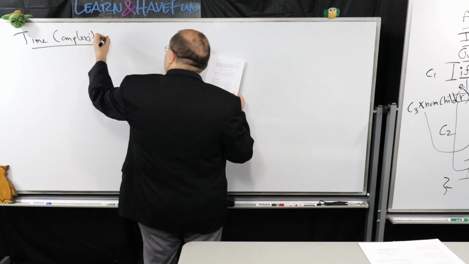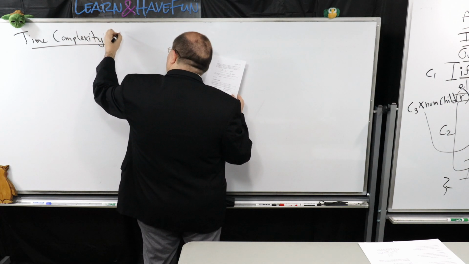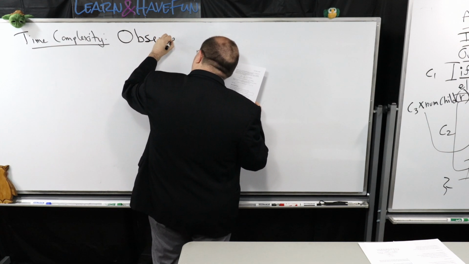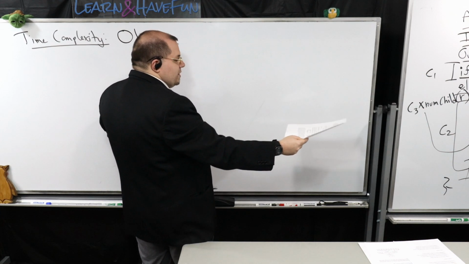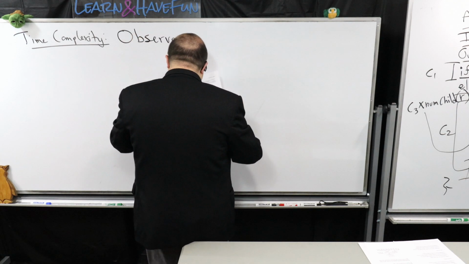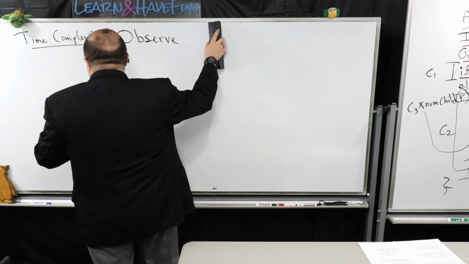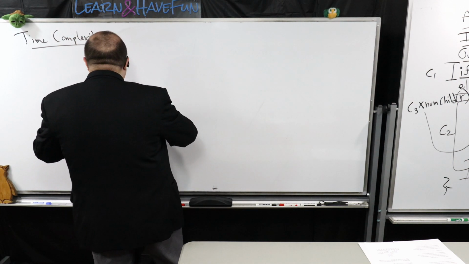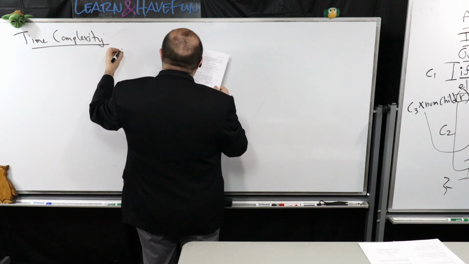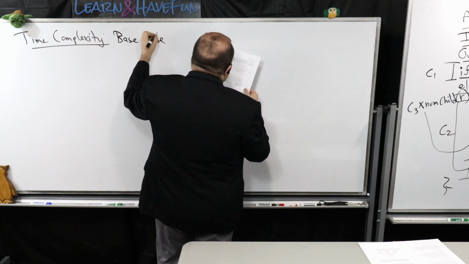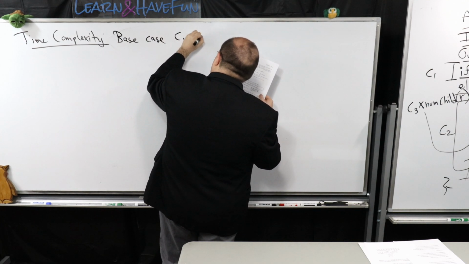So the first thing I want you to notice is what happens with the recursive calls. Actually, before I write my observation, let's figure out what's happening with one call. So let's put it all together. I'll have to get a little ahead of myself. In the base case, we have C1 operations that happen.